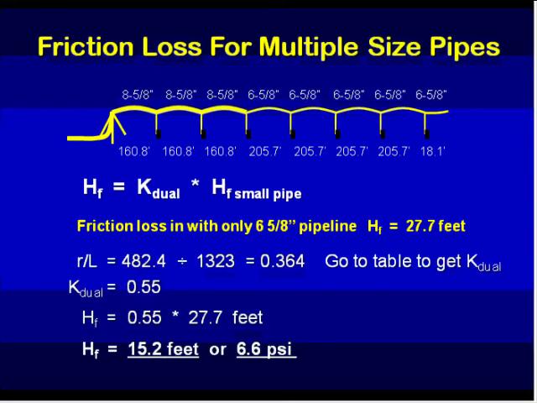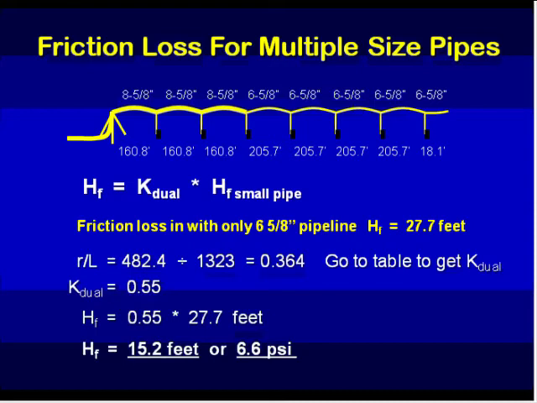So we put that 0.55 in our equation, which means that the friction loss in the dual pipeline system would be 0.55 times 27.7, or we would end up with 15.2 feet of friction loss in the pipeline. This is compared with the 27.7 feet we would have for the single pipeline diameter system.